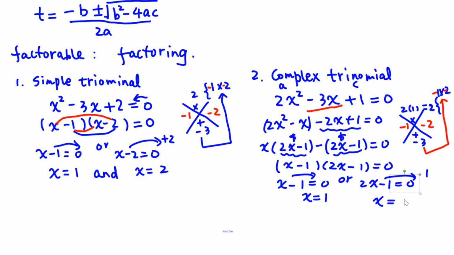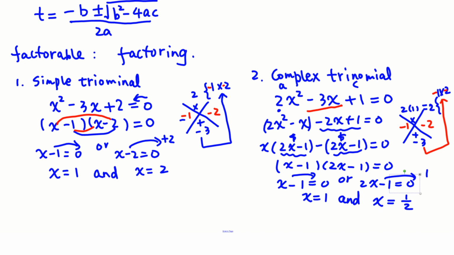You will have x equals 1 over 2. And you will see that the two numbers we found are the same, but because this is a complex trinomial, the process is to rewrite the middle term, regroup, and solve. So the zeros are not the same.